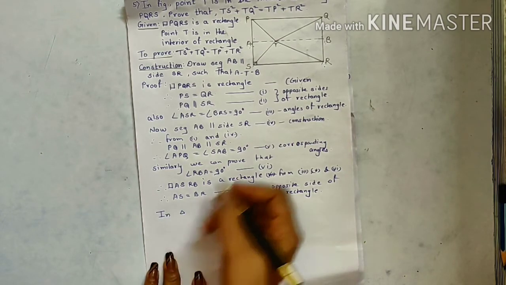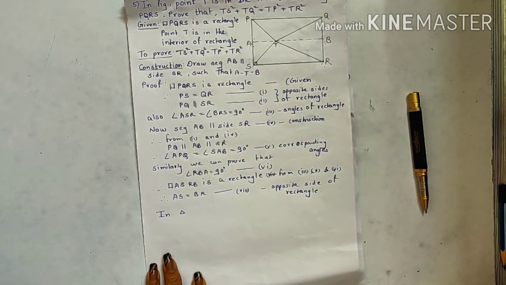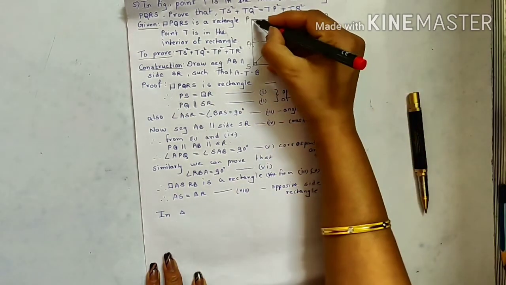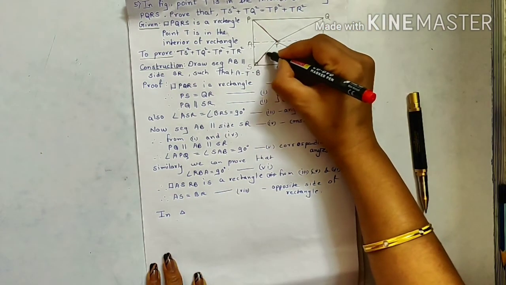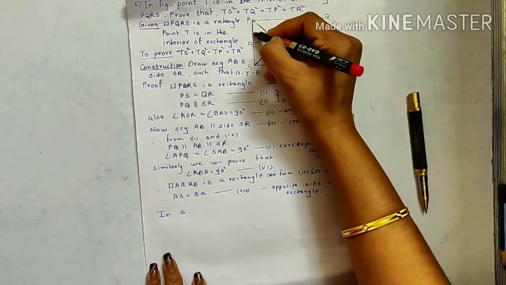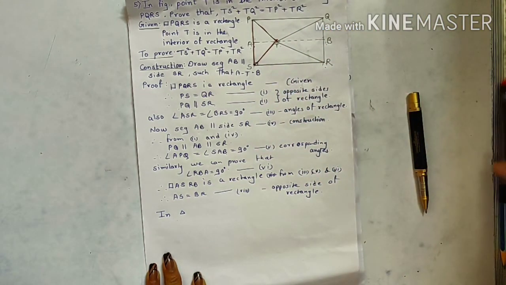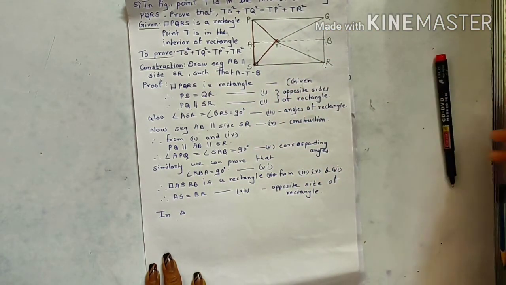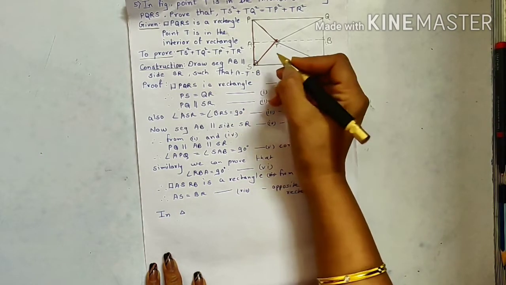Okay. Now in triangle TPS, consider this triangle TPS. In that triangle TPS, angle S is an acute angle.